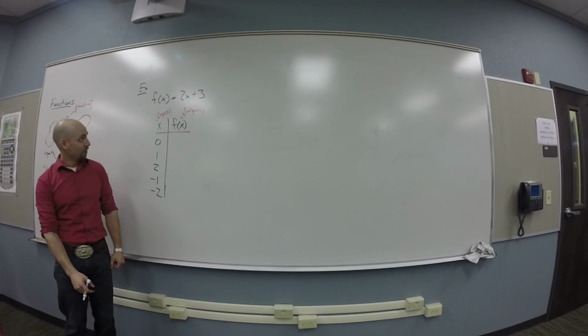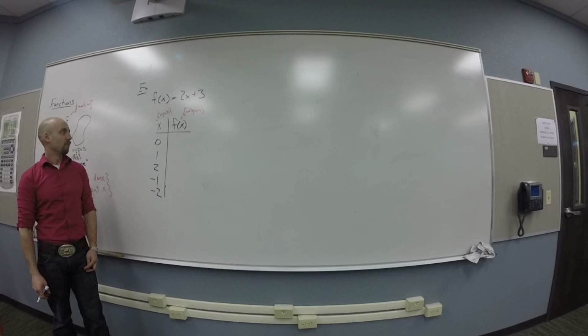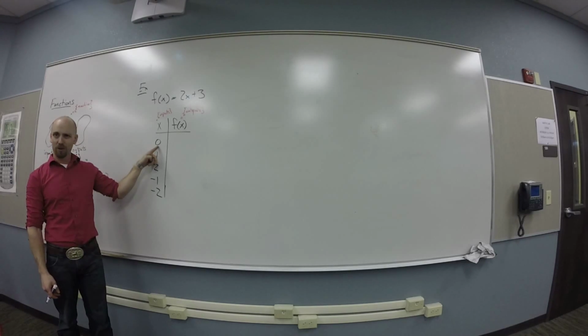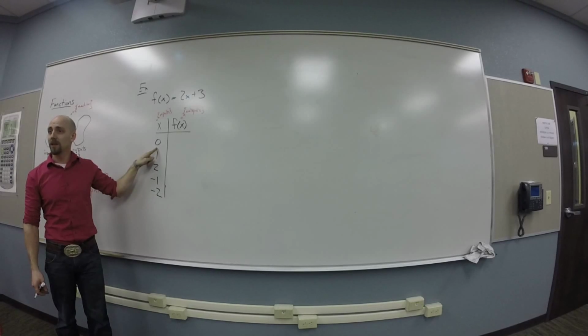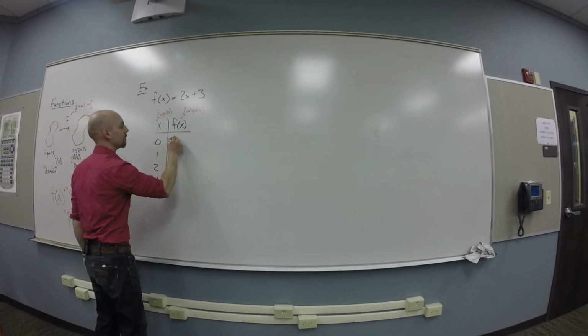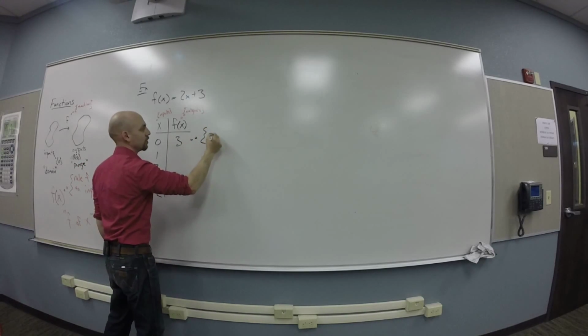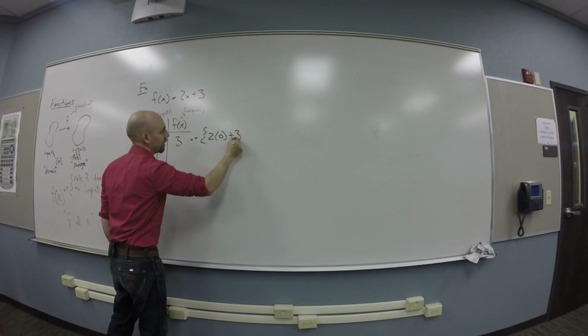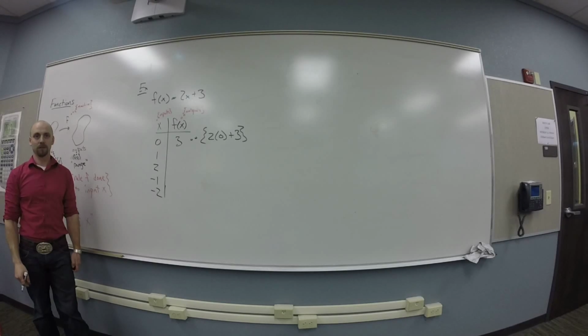All right, so what do I get for that? Okay, so 0 as an input yields 3 as an output, right? So here I'm thinking of 3 as 2 times 0 plus 3. See that?